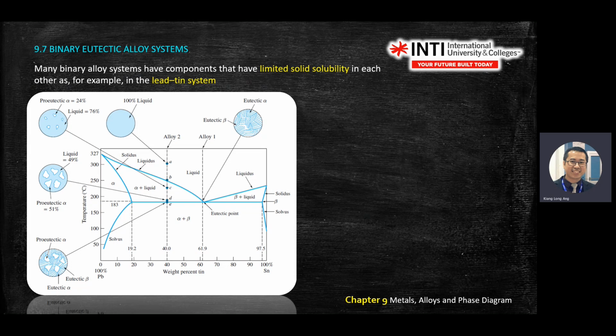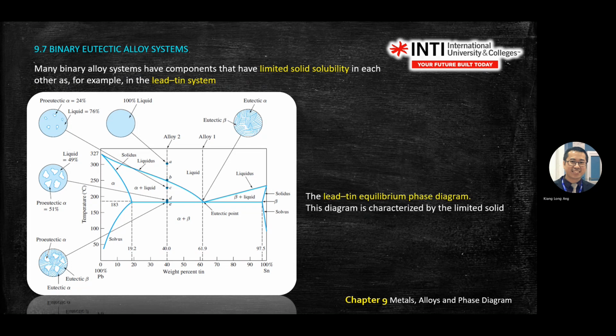We will start introducing a few technical words for the binary system. Let's start with the top diagram here. Let's pick a line here, this dotted line. Alloy 1, alloy 2.